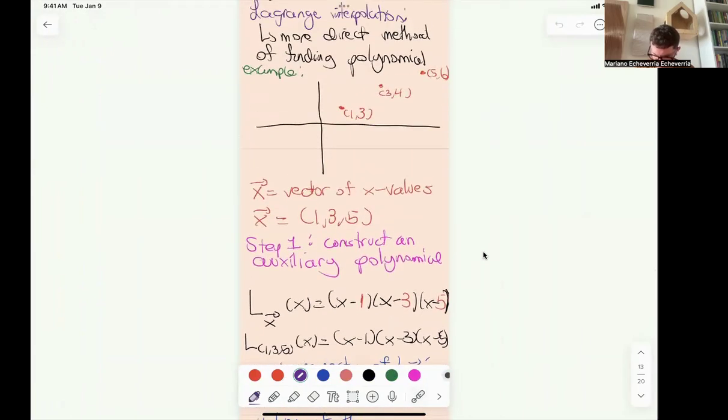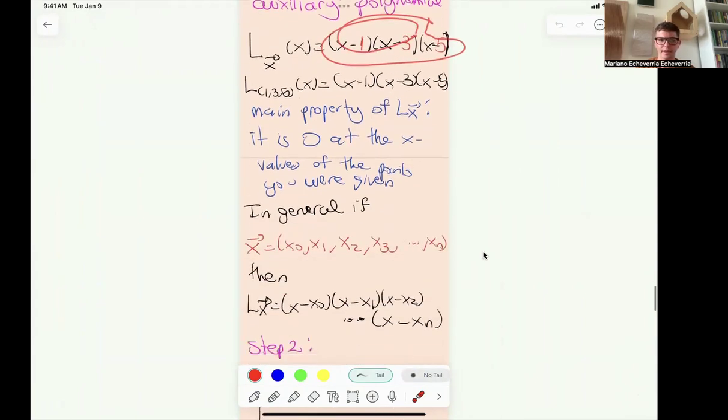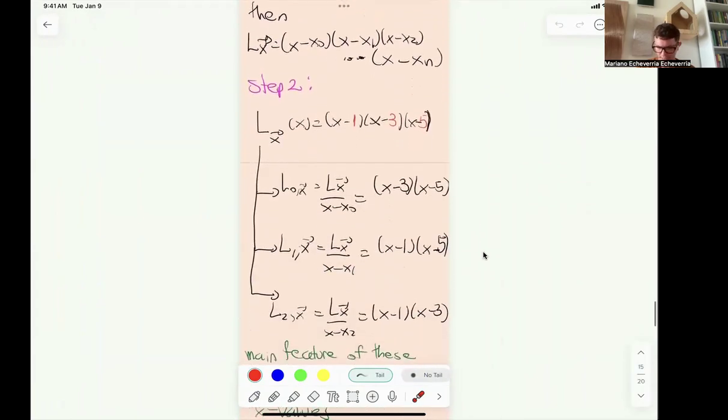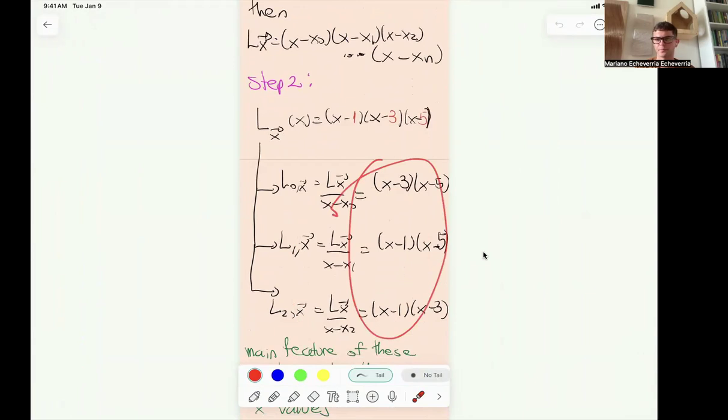I had these 3 points, right? I created first a degree 3, but then what I did was remove one at a time, which is what I'm doing right now. So they end up becoming degree 2. The degree starts one higher, but then you remove one term at a time, and that gives you the desired degree, if that makes sense.